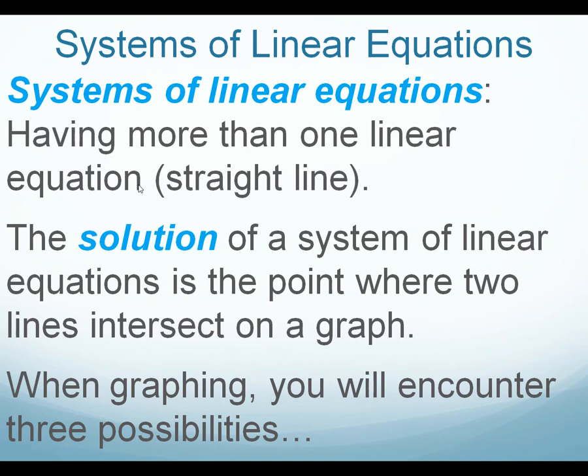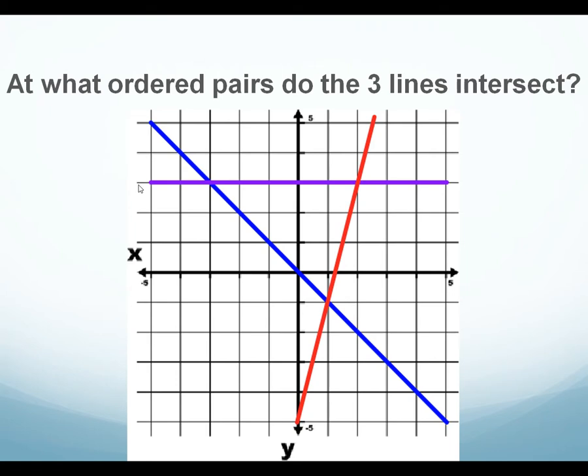But before we get to that, let's take a look at this graph. You have 3 linear equations on this graph. You've got a purple one, a blue one, a red one. If I were to ask, what's the solution to the blue and the purple line, the solution would be where they cross. So you would find this point and ask, what's this point?